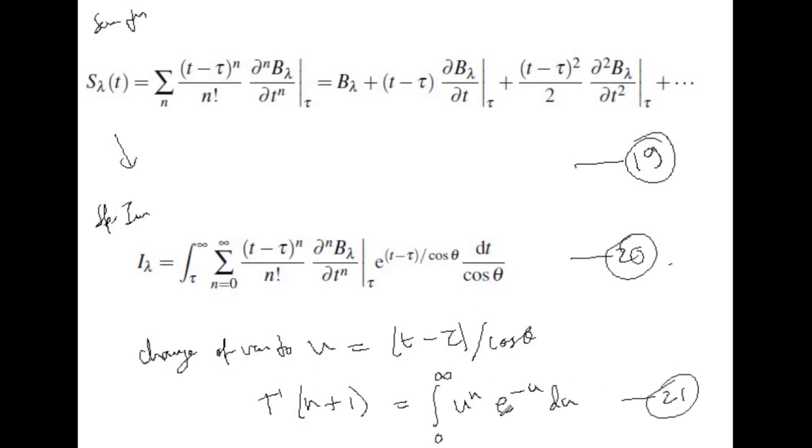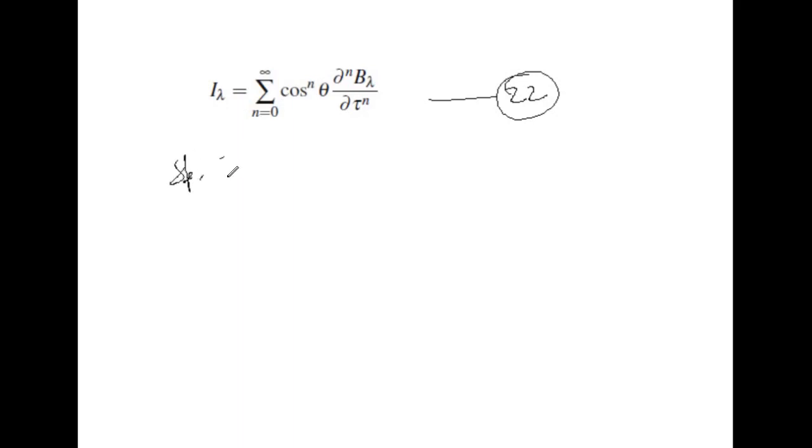Right. So if we note this after this change, then what we will obtain finally is this relation. Here, this is what we obtain. Equation 22, the specific intensity expansion following the Taylor series.